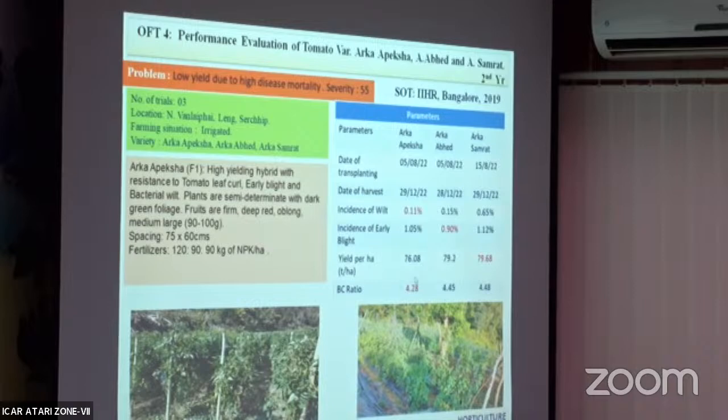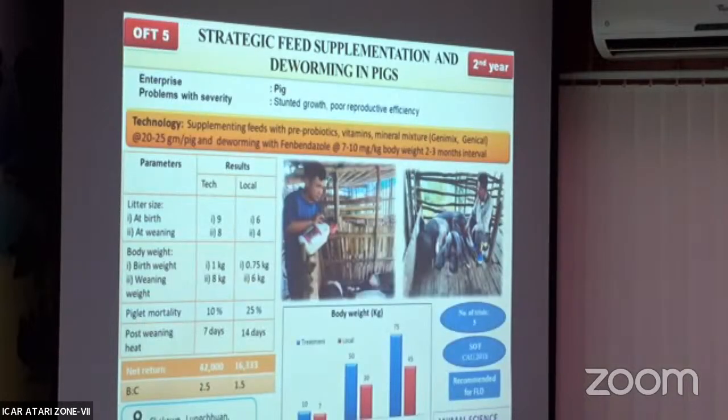The yield was highest with Arka Samrat, but when compared on BC ratio, Arka Abha has the highest BC ratio. The incidence of wilt and early blight is mentioned here, so I will not talk about everything.